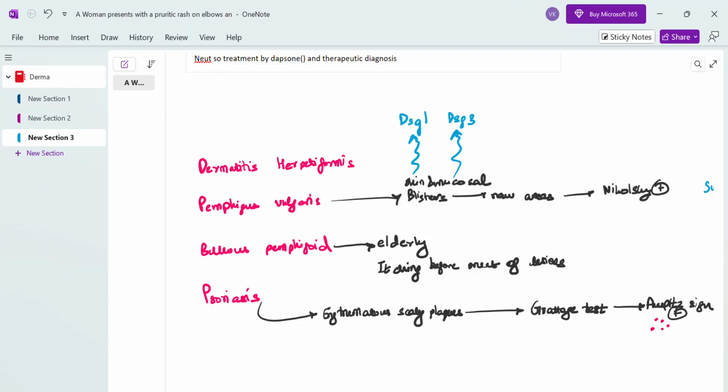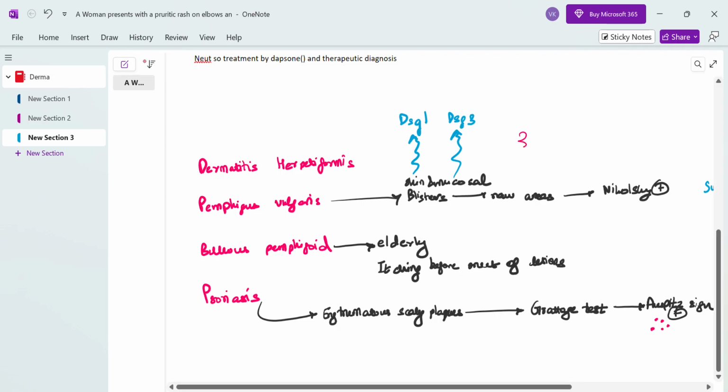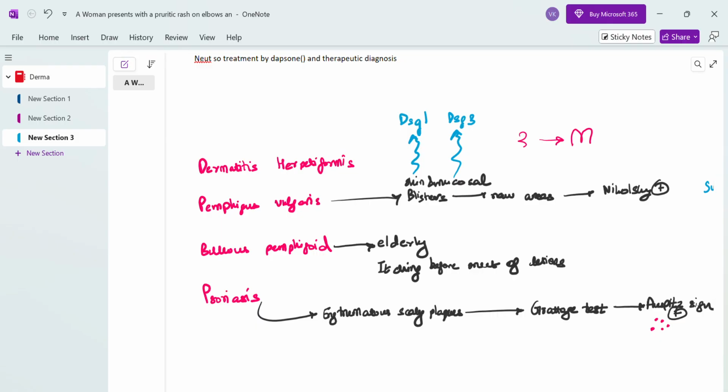Because in vulgaris we have antibodies against DSG 1 and 3. DSG is desmoglein, and we can remember it like this: 3 looks like an M, ulta M. So DSG3 is present in mucosa, DSG1 is present in skin. In vulgaris we have antibodies against both, and in foliaceus we have antibodies against only one. That is why it presents with only skin manifestation.